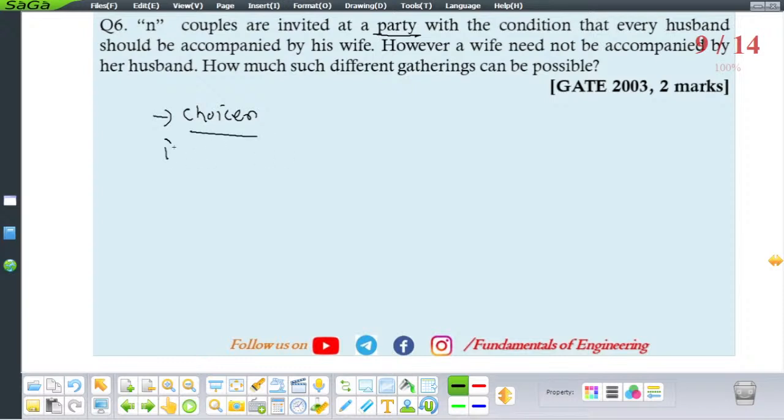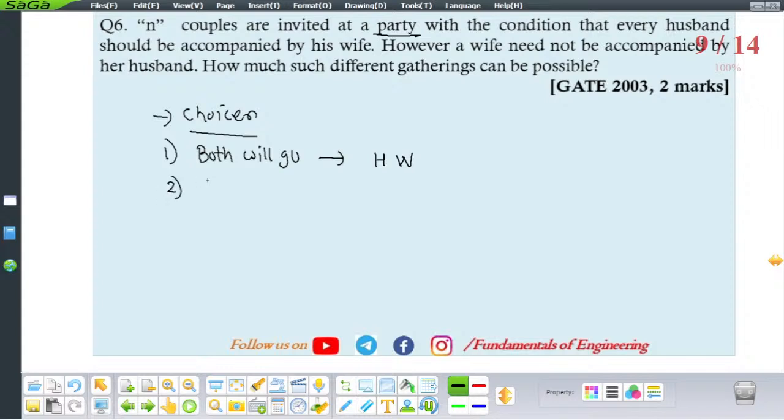First we will see that both husband and wife go. So both will go. What are the choices we are getting? Husband and wife; I gave the notation H for the husband and W for the wife. Both will go. If the husband is going, the wife should accompany him.